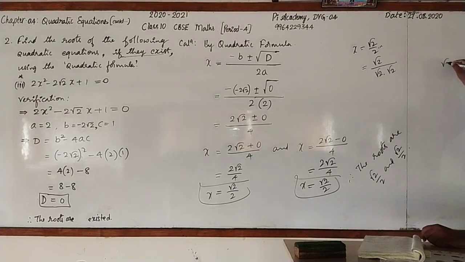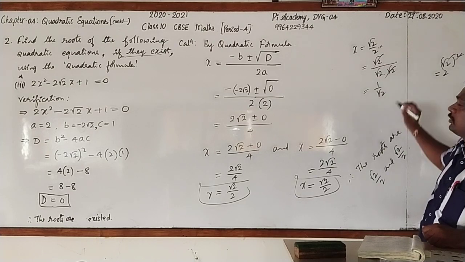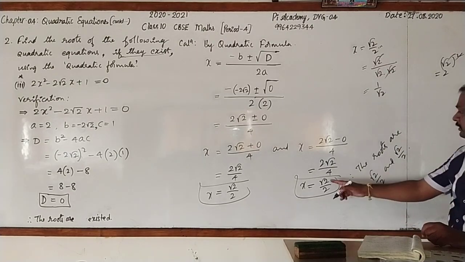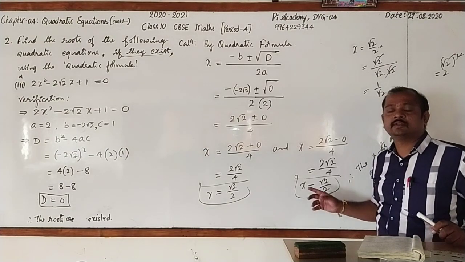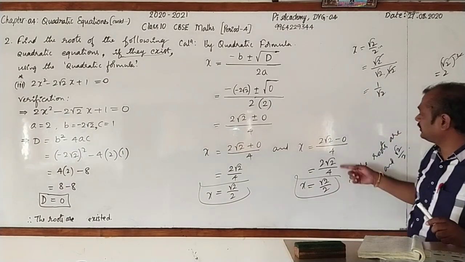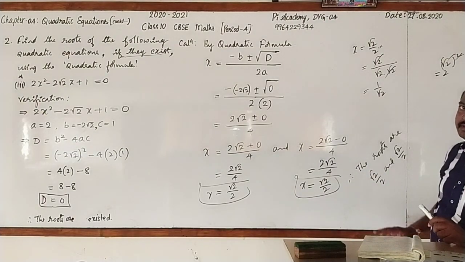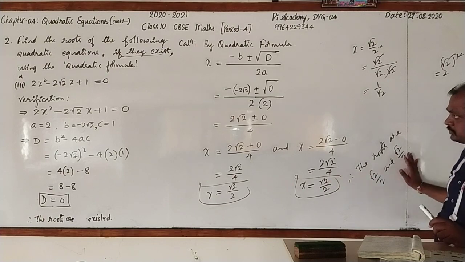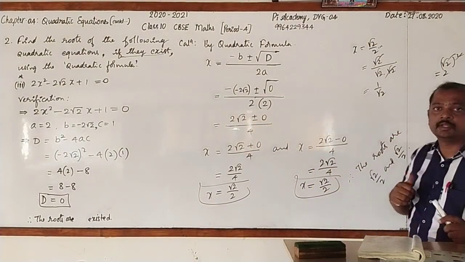Because root 2 into root 2 whole square gets cancelled, you will get 2, this gets cancelled, 1 by root 2. But I have kept this as it is. The reason is the denominator term is rational. If it is irrational, we could have gone for rationalization. Clear? You write up to here. Copy from there to here.